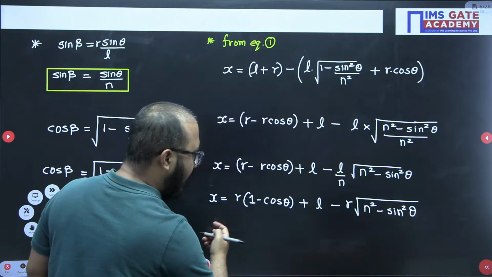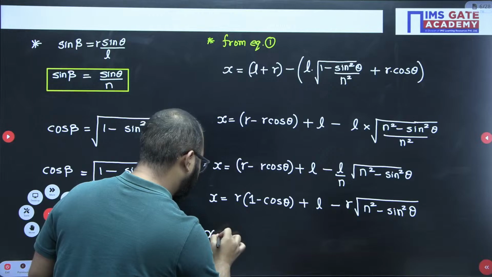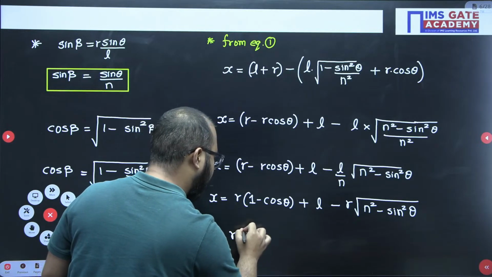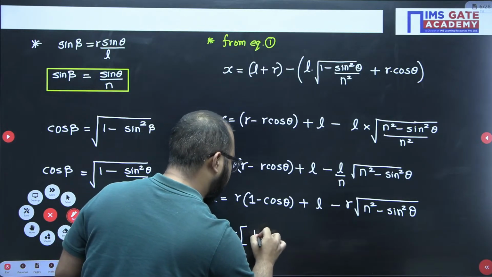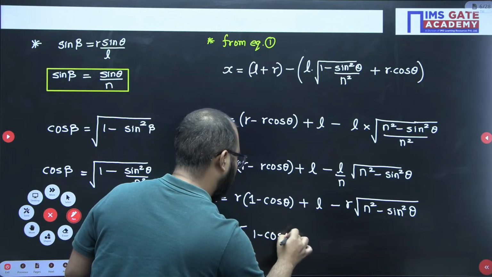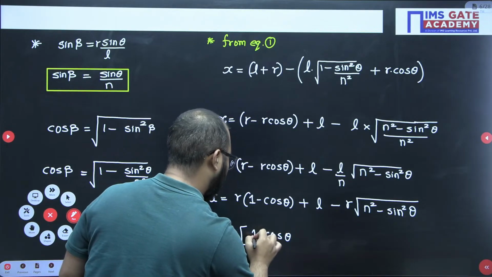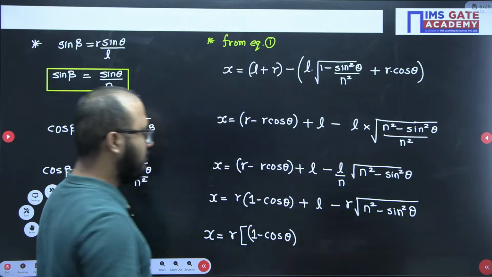Now if I take r common from the entire equation, this x value will be r times 1 minus cos theta.